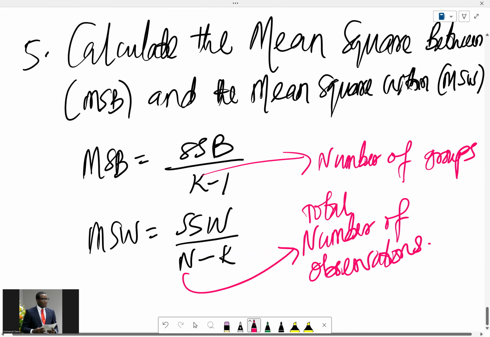If you add up all the observations, that's the total.